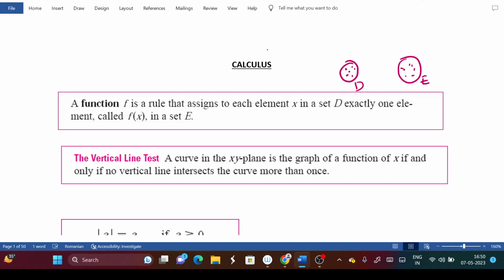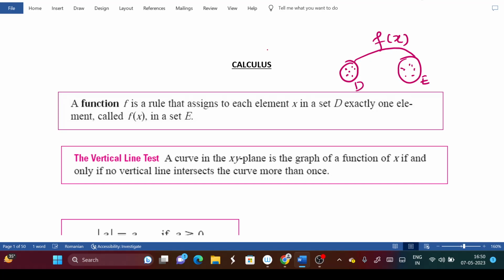That means there should not exist any element in D which is not having any image in E. Another is there should not be any point which is having two images. So every point of D should have an image and exactly one image should be there. If that condition is satisfied by any relation, then that relation f is said to be a function.